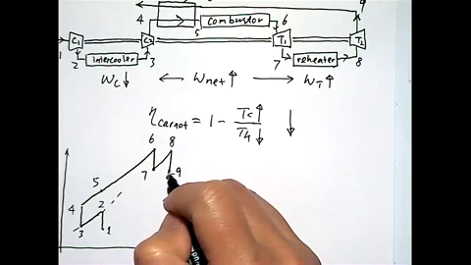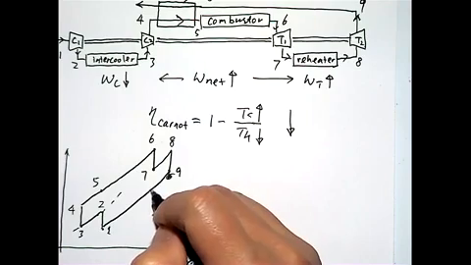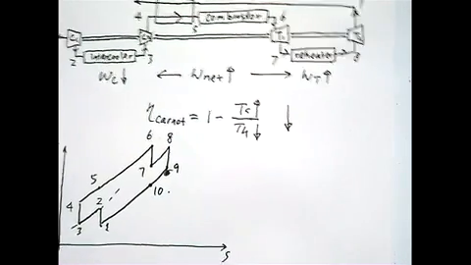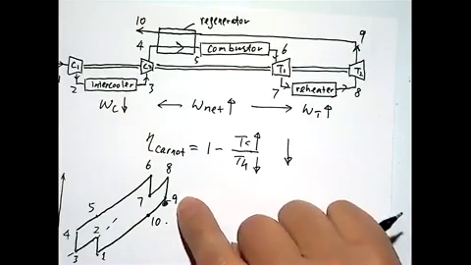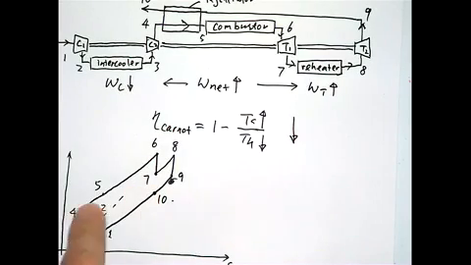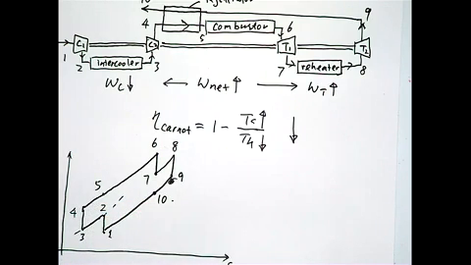And then go all the way down to state 1. Somewhere here you have state 10, which means the turbine exhaust gives some of its enthalpy to the compressed air there. All right, so this is how it looks in terms of the 3 additional components in the system.